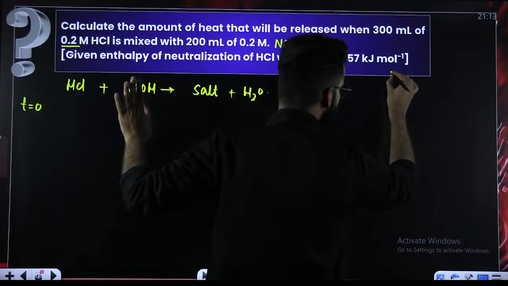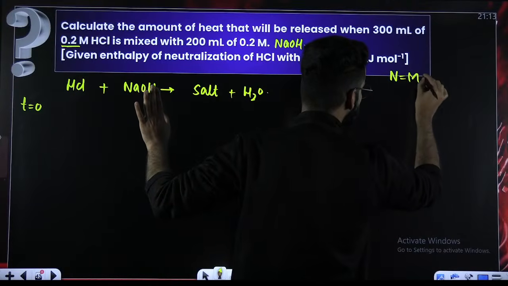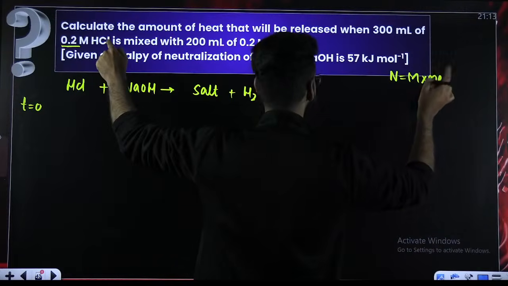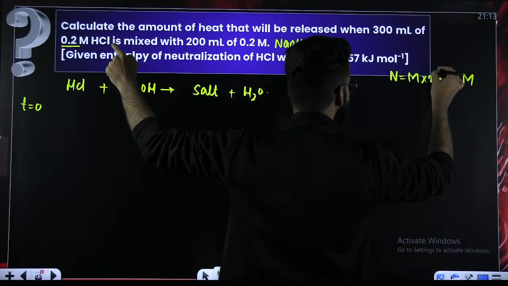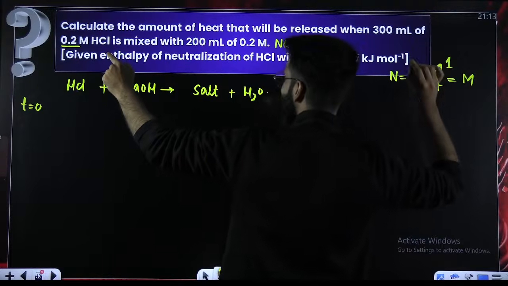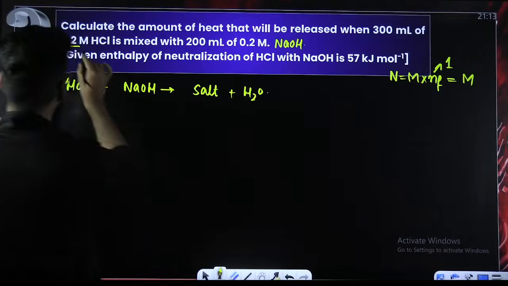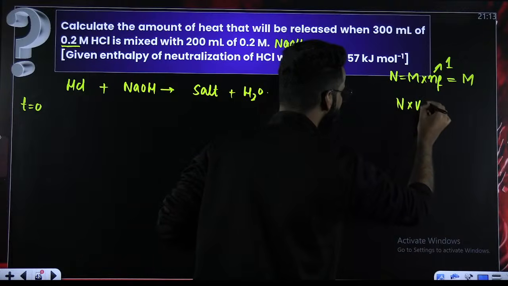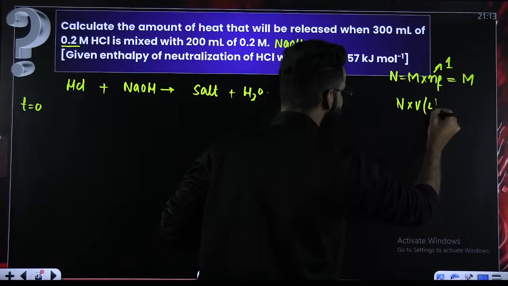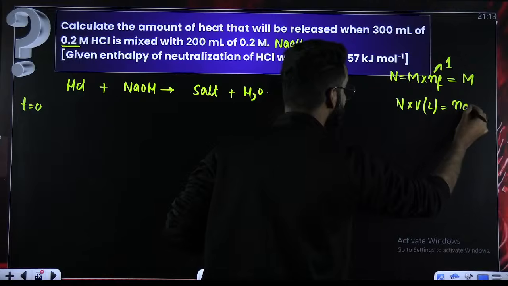You know, normality is equal to molarity multiplied by n factor. N factor of HCl is 1. So normality of HCl is its molarity, 0.2. And you know, normality multiplied by volume in liters gives you the number of gram equivalents.